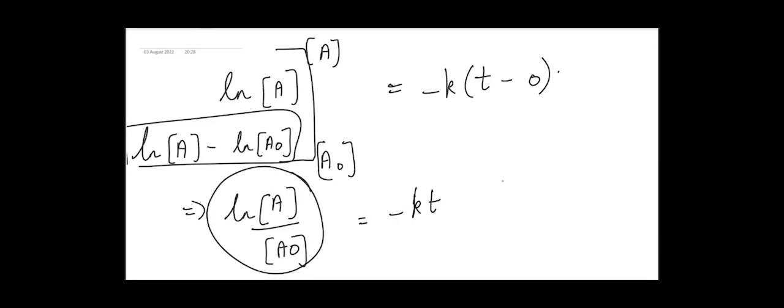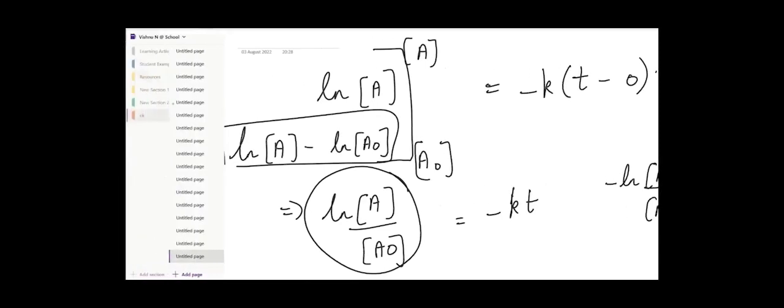Now bringing the negative sign to the left hand side, we get minus log of A by A naught is equal to kt. If there is a minus sign here, we can bring that to the power. So this becomes log of A by A naught to the power minus 1 is equal to k times t.